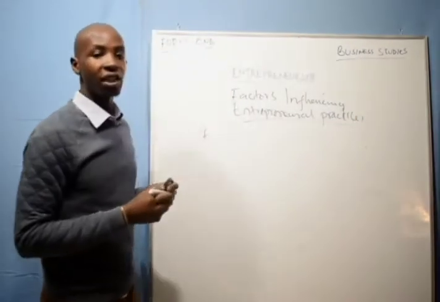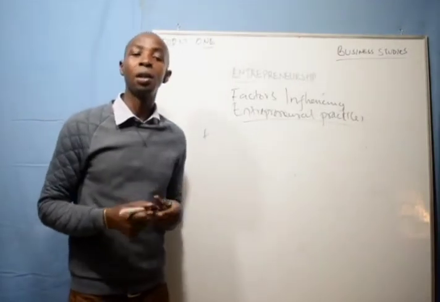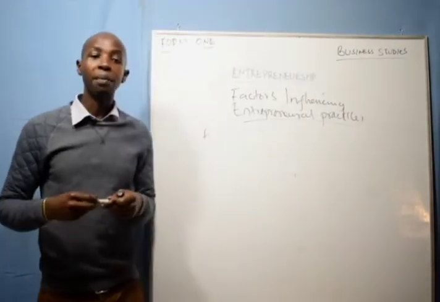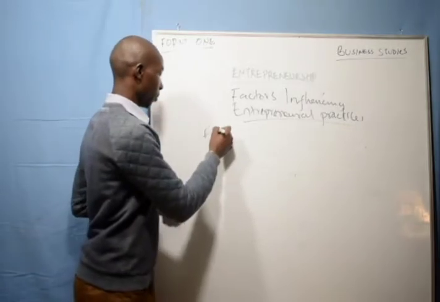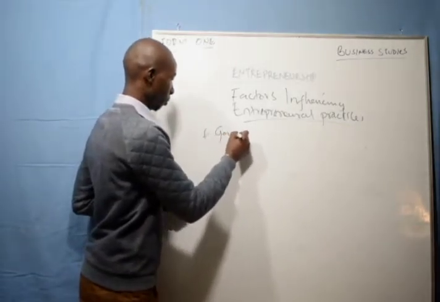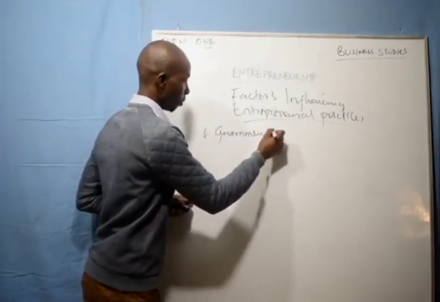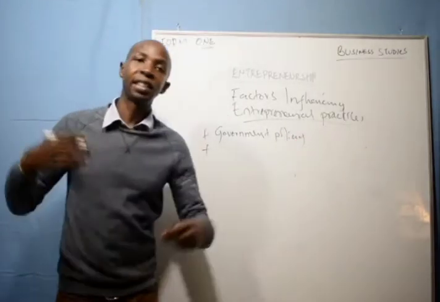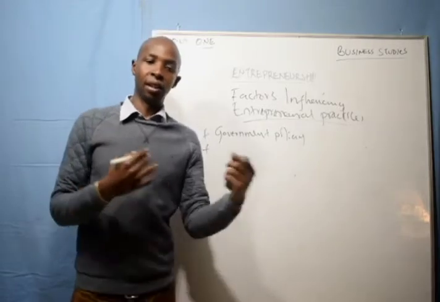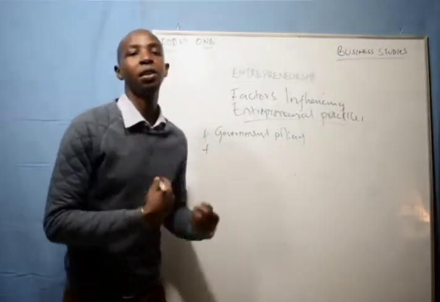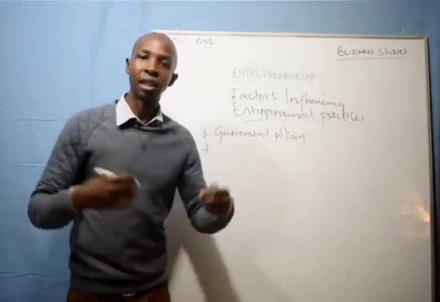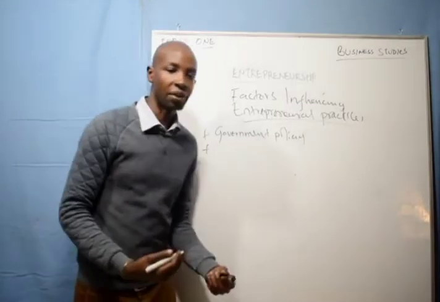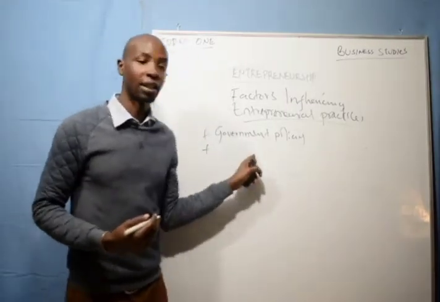One of the factors include the government policy. How is the government encouraging? Does the government give training? Does the government encourage the youth to come to the business? Does the government give incentives? All those factors fall under government policy.